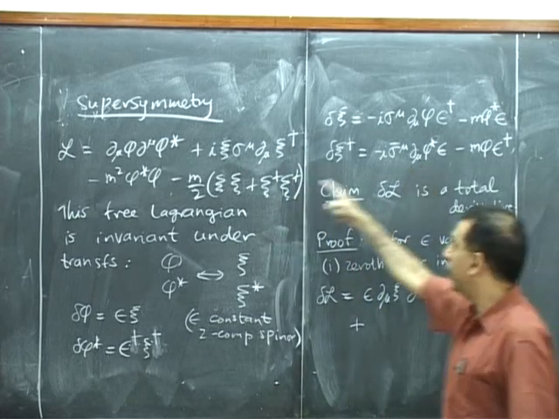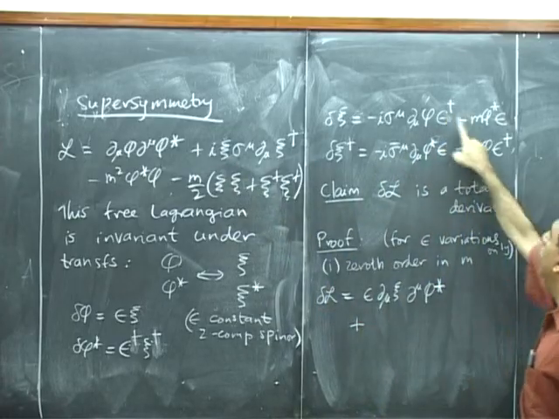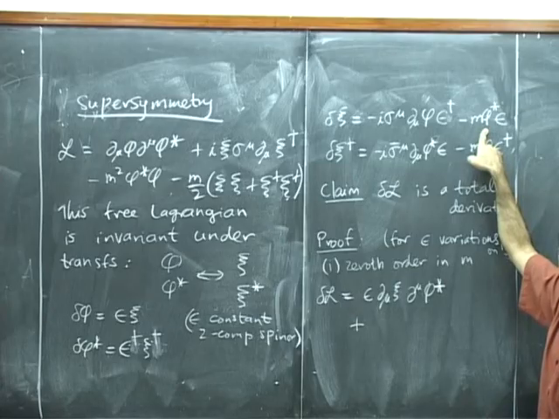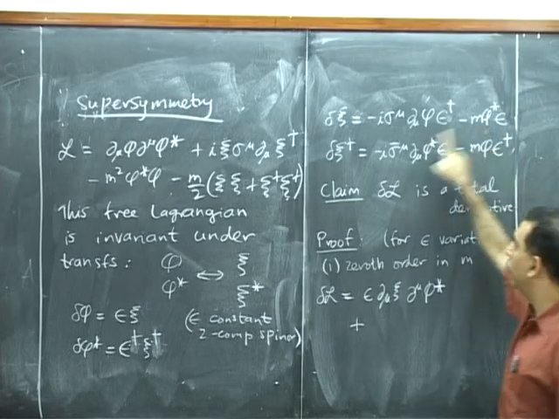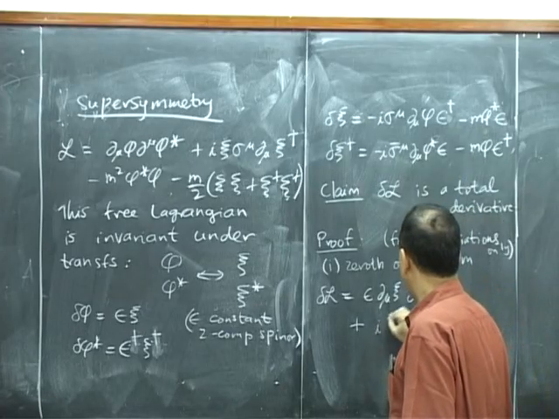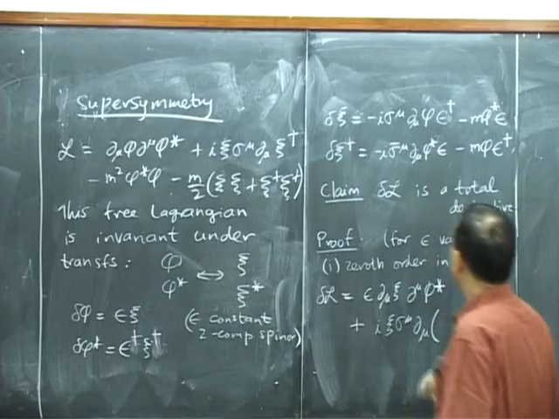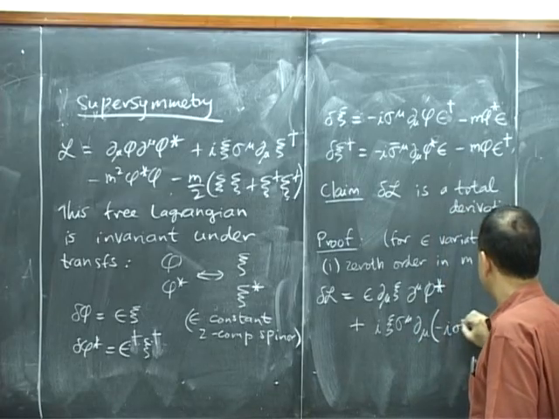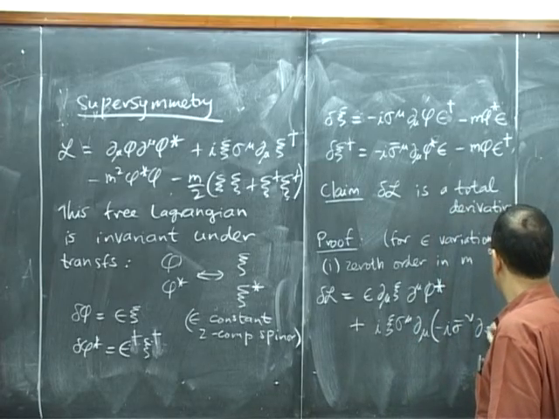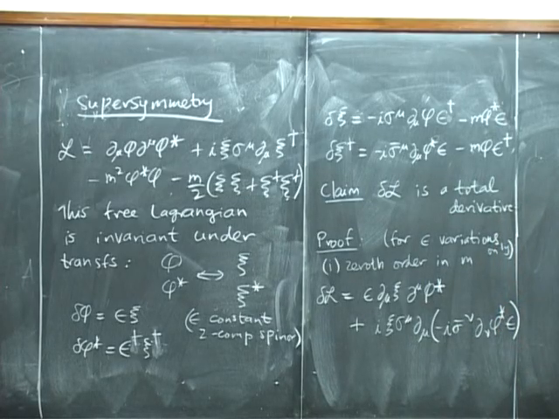Okay. If we vary psi in this, then we either get an epsilon dagger term which we don't want, or we get an m term which we also don't want. So therefore we have to vary psi dagger and keep only this term. That means we have I psi sigma mu del mu, and then minus I sigma bar mu del mu phi star epsilon.